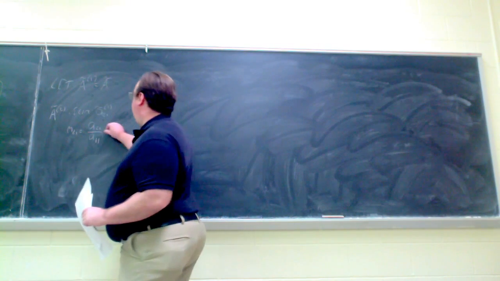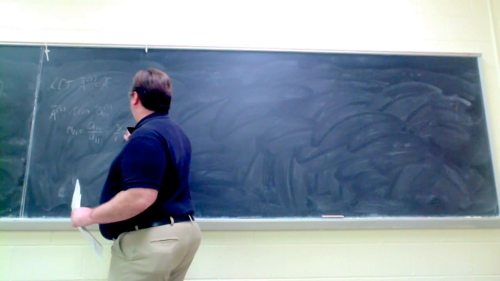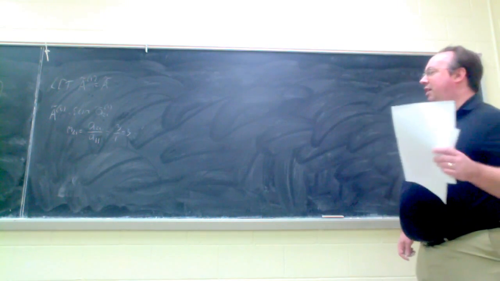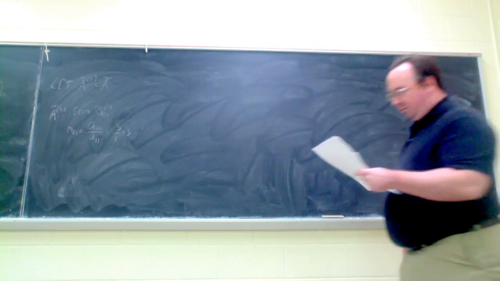A21 is 3, and A11 is 1. So my multiplier is 3, so I'm going to subtract 3 times the first row from the second row. So row 2 is equal to row 2 minus 3 times row 1.